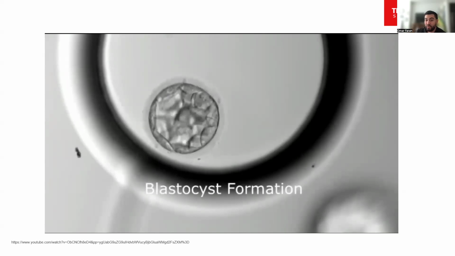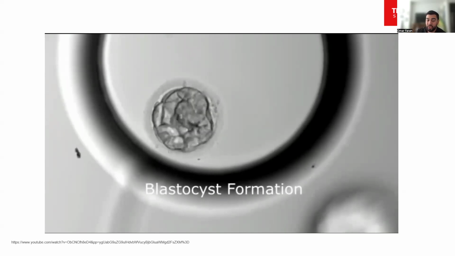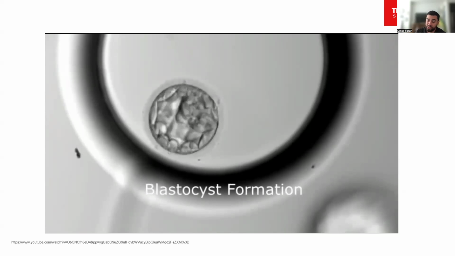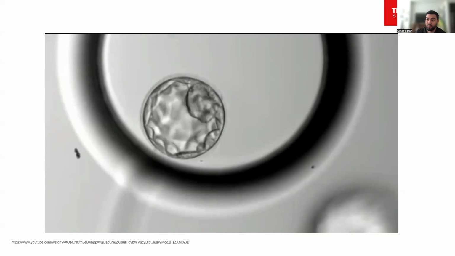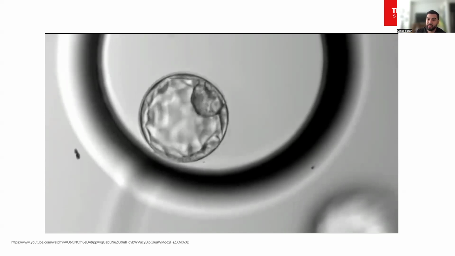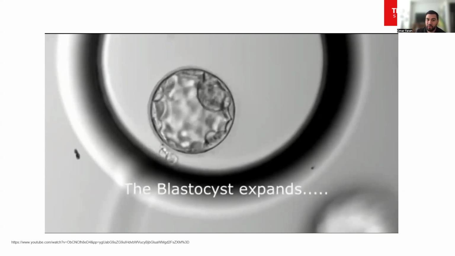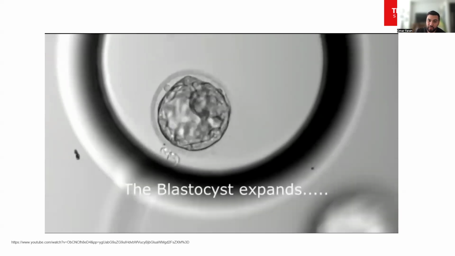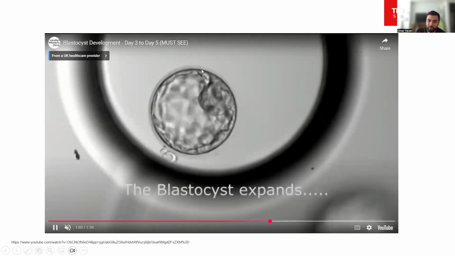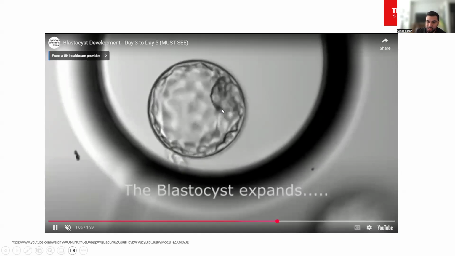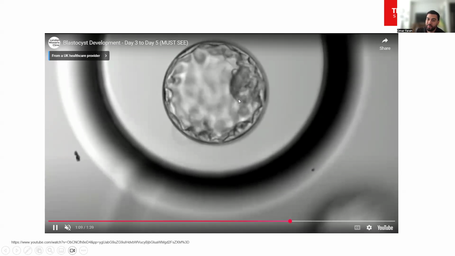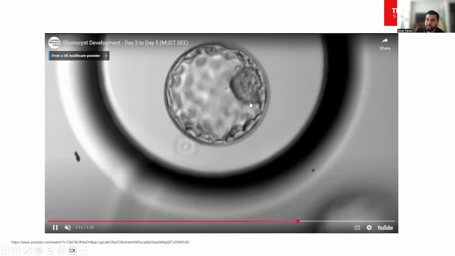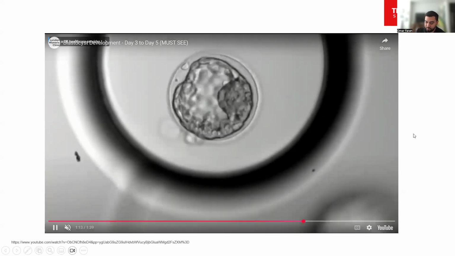As you can see now, these cells start to shift, and actually, we have the first break in polarity where we now have at the blastocyst stage two different cell types, right? We talked about this. The outer cells are your trophectoderm, which will give rise to your placenta, and then this here is your inner cell mass, which constitutes the population of pluripotent stem cells that we usually talk about.